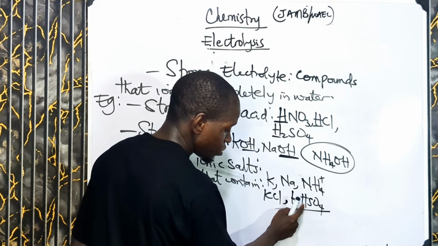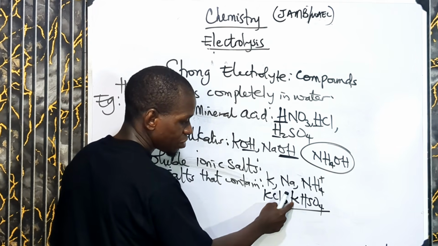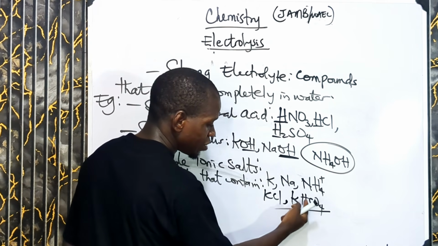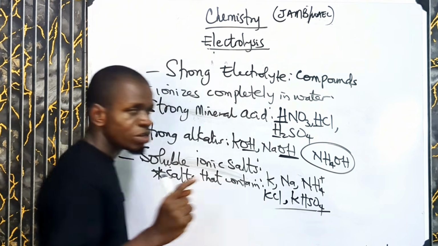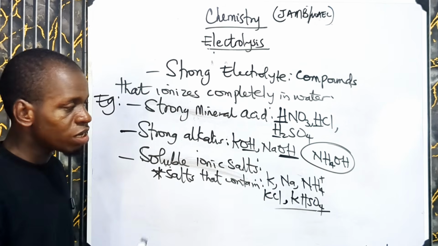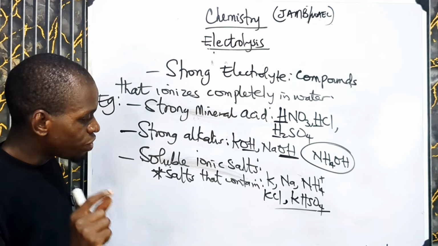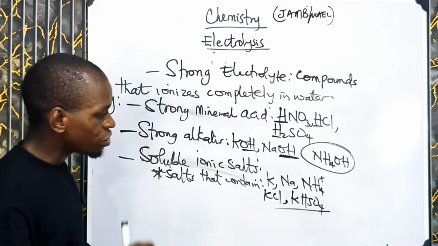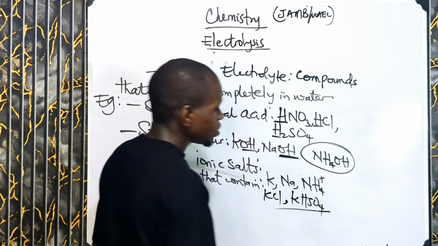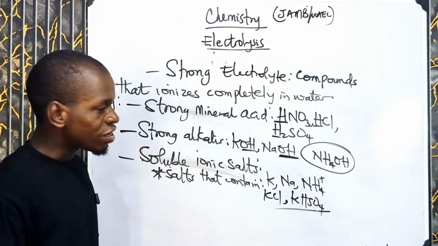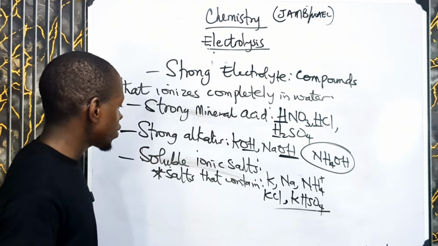Actually, hydrogen is in it, but the hydrogen is not starting it. Even if hydroxide is in it, hydroxide must not end it. If hydroxide ends it, it's no longer in the family of salts. You can classify it under base or whatever. So please bear that in mind, so that you will not say that I said ammonium hydroxide is an example of a strong electrolyte. No, I did not say so. So take note of that.